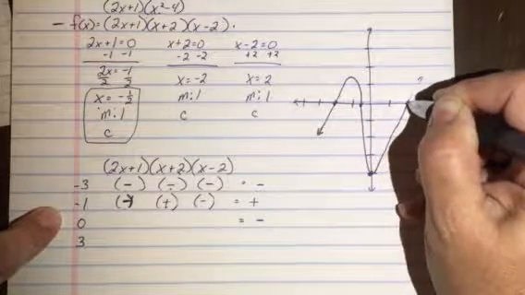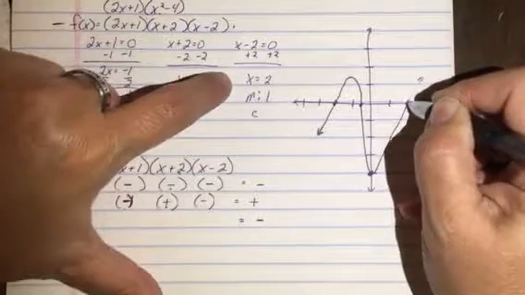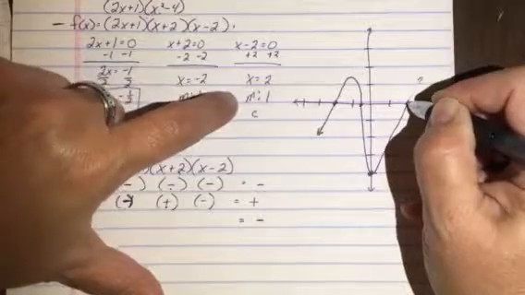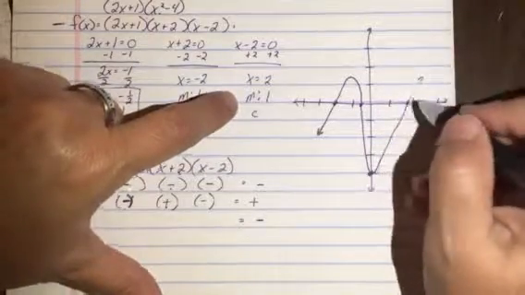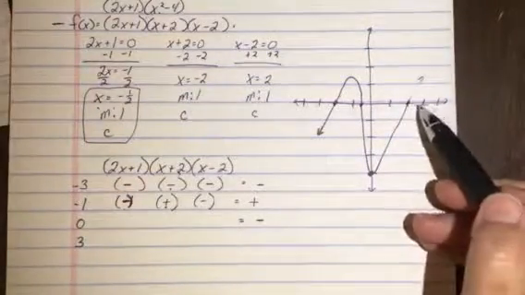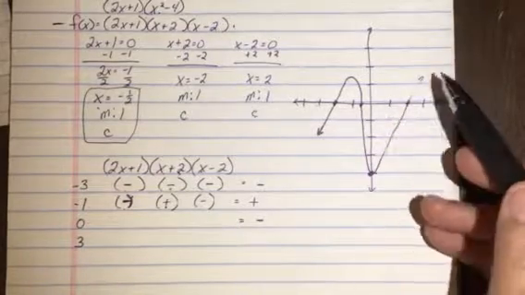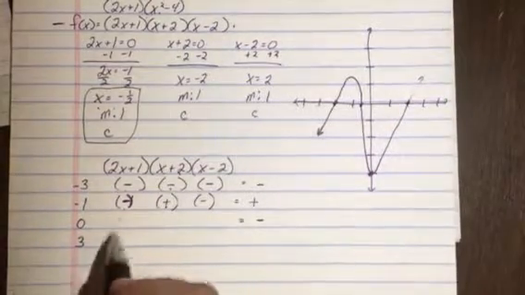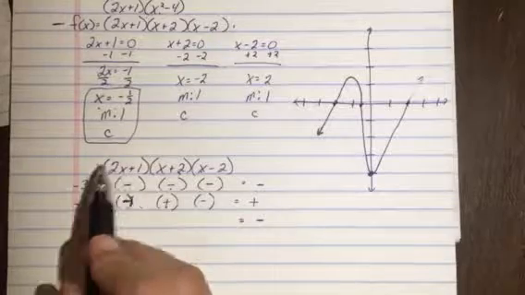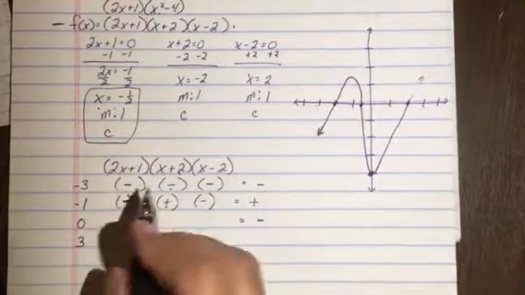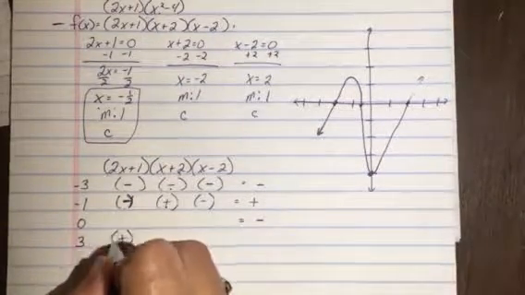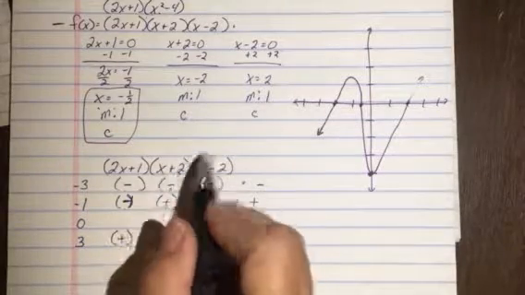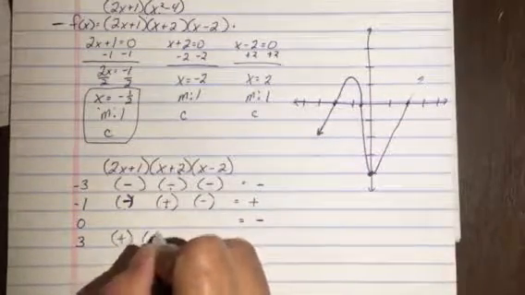And at positive 2, we should cross because multiplicity is odd. So we're going to test positive 3 to make sure that we are above the x-axis. So if I plug in 3 here, well, that's 6, and 6 plus 1, that's positive. If I plug in 3 here, 3 plus 2, well, that's positive.